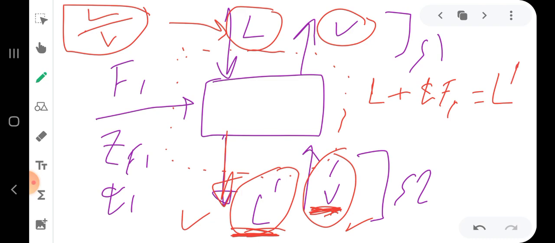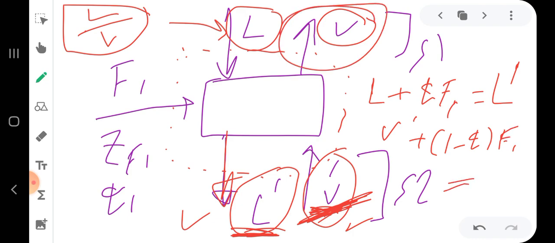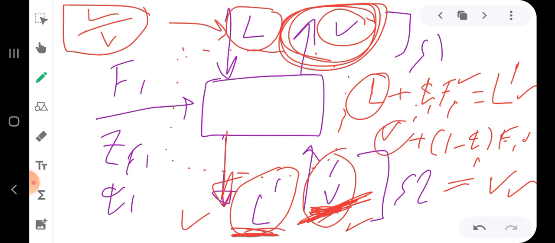Again, for the vapor, let's do the same thing. For the vapor, we have two inlets, which are V dash and 1 minus Q, the fraction of vapor in feed number 1, equal to the outlet. What's the outlet of the vapor? It is here, which is V. So if we know V and F1, we know L dash, and we know Q1, this is the actual Q1 because it is the first feed stream, we can determine L and V using these two equations.